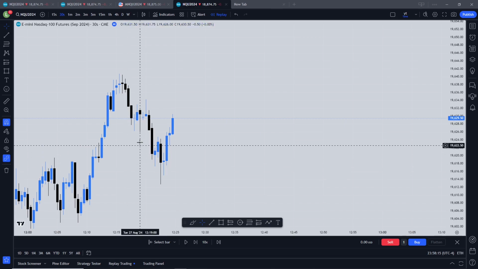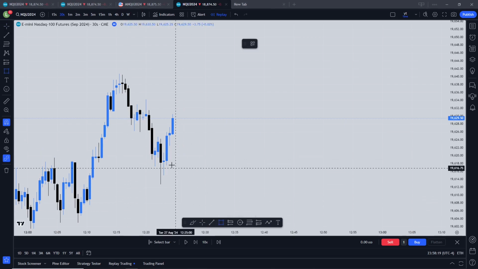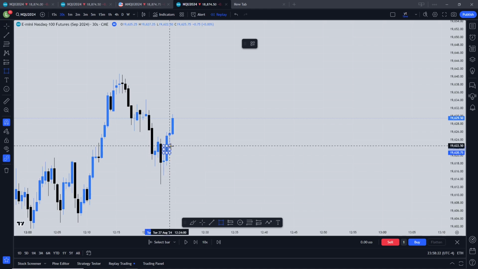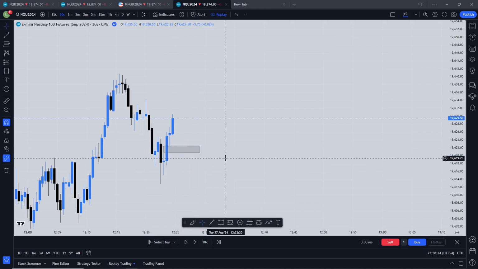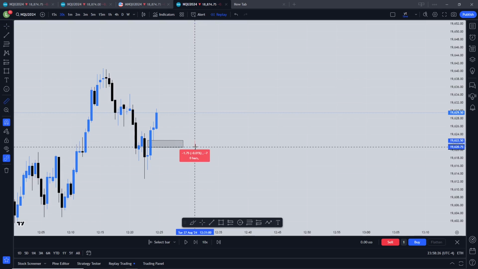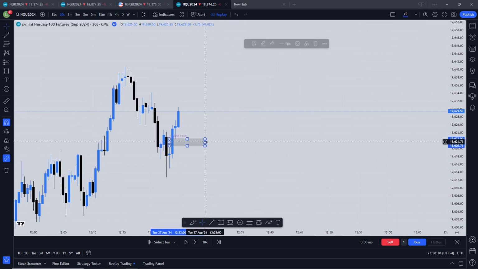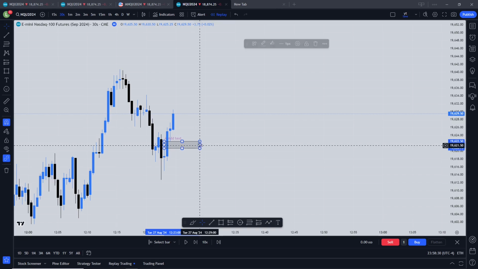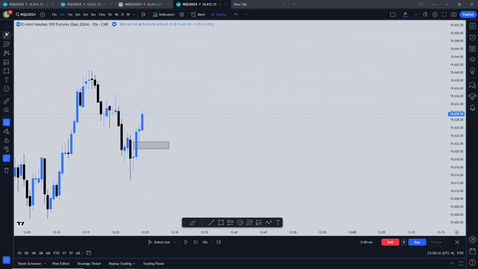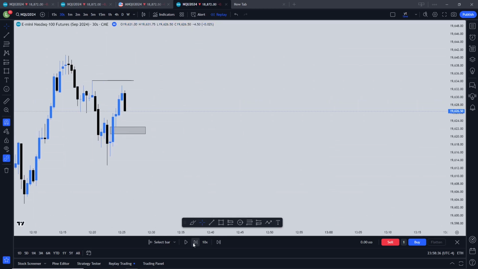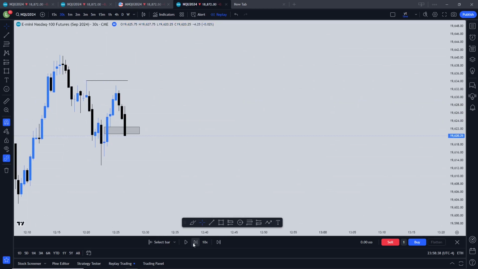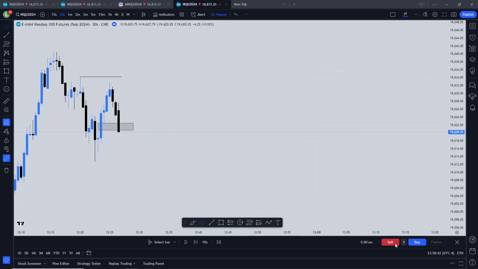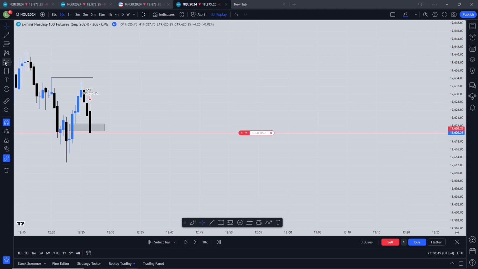All right, now this next example is going to be on if we don't get delivery from a fair value gap or a liquidity sweep. So you can see here we have this fair value gap, which you could also say is too small because you can see it's only 2 points. But for this example, I will be showing the fact that we don't get a liquidity sweep or delivery from a fair value gap. So you can see here that we close below, so we will enter into a sell.